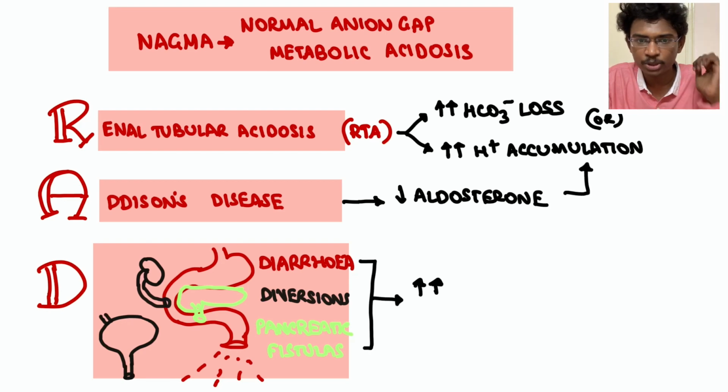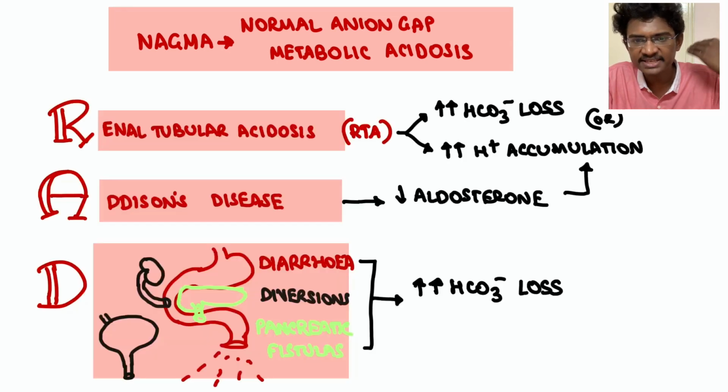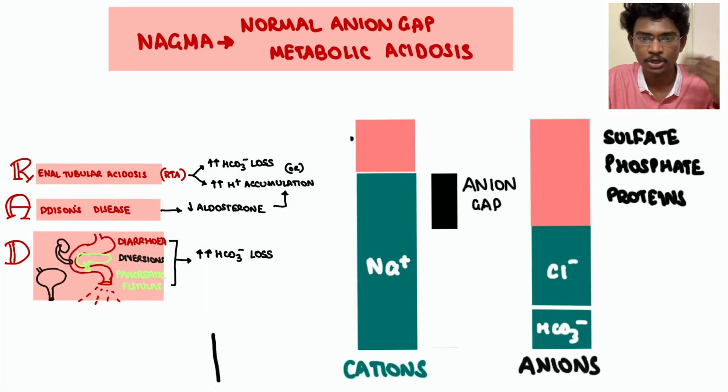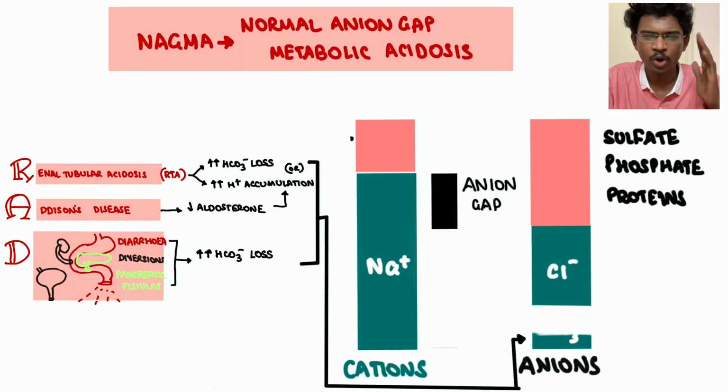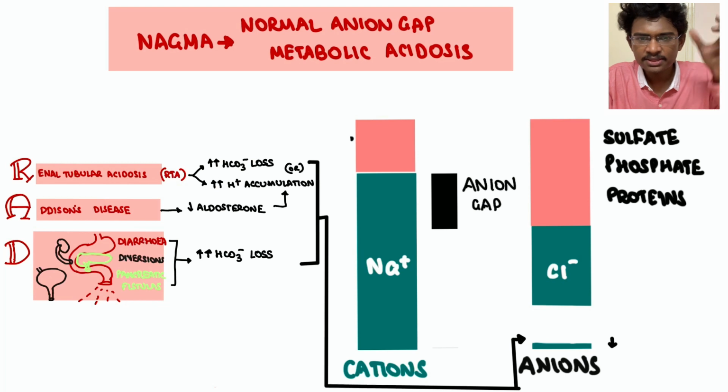Aldosterone is important for proton excretion outside the body, but since it's low, protons accumulate. In diarrhea and these diversion procedures, a lot of bicarb is excreted in stools, lost from the body. So what happens? In these causes, bicarbonate is lost by one way or another.